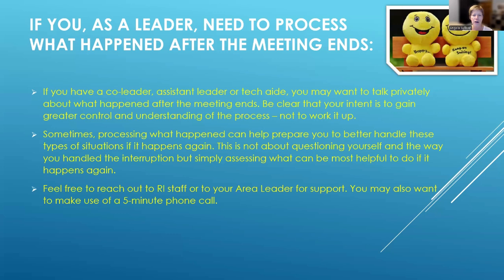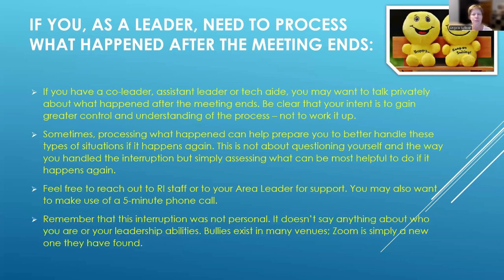Feel free to reach out to RI staff, your area leader for support, maybe even make a 5-minute phone call. And remember that this is not personal. This doesn't say anything about your ability as a leader for recovery meetings. This is really just because this is a bully and they were just looking for an opportunity. And of course, Zoom is a new opportunity for bullying.